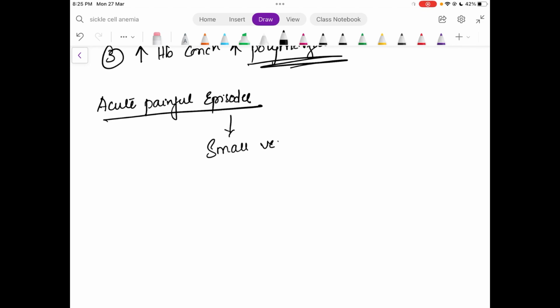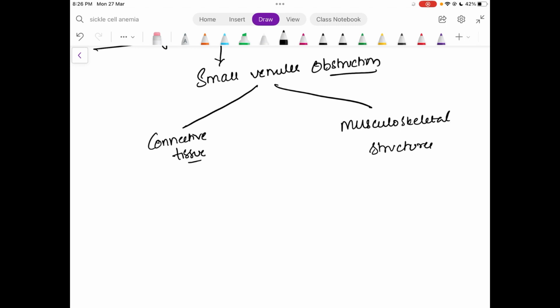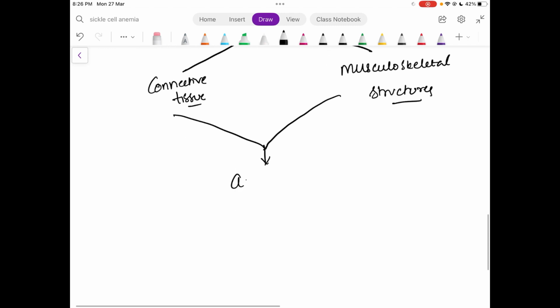Small venule obstruction will cause decreased blood flow to connective tissue and to musculoskeletal structures. Decreased blood flow to these tissues will cause acute pain in those organs, and they will have tenderness.